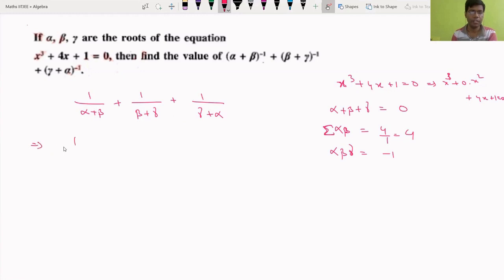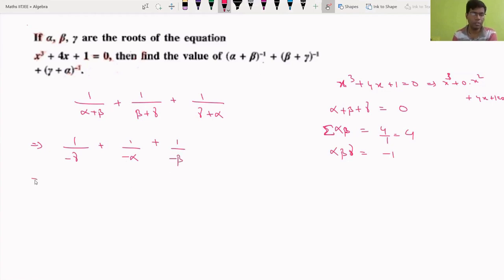So alpha plus beta is minus gamma. Similarly, beta plus gamma is minus alpha, and gamma plus alpha is minus beta.